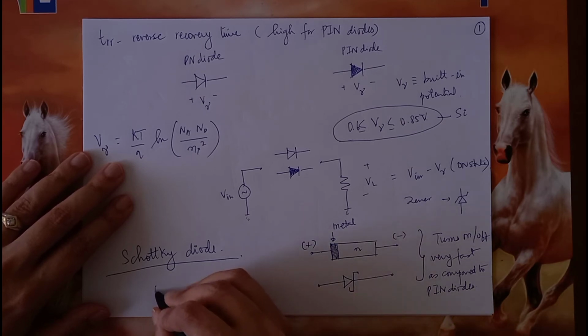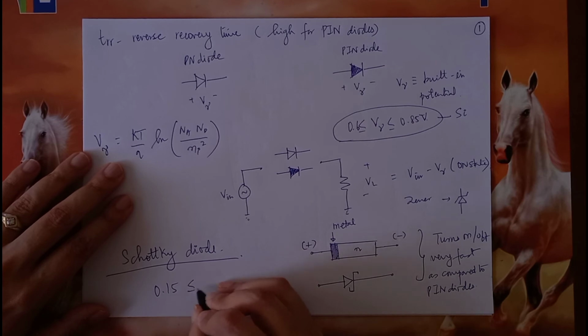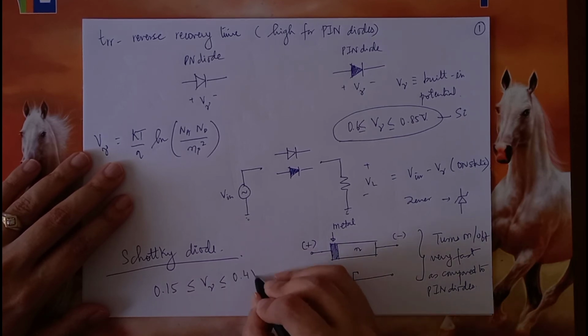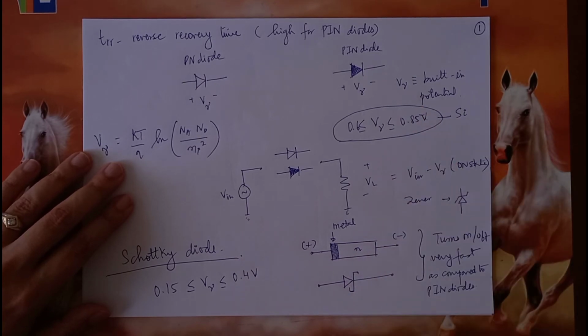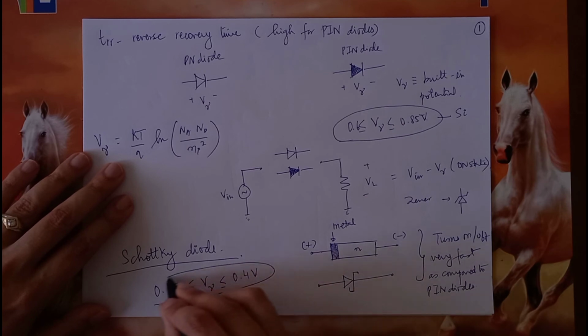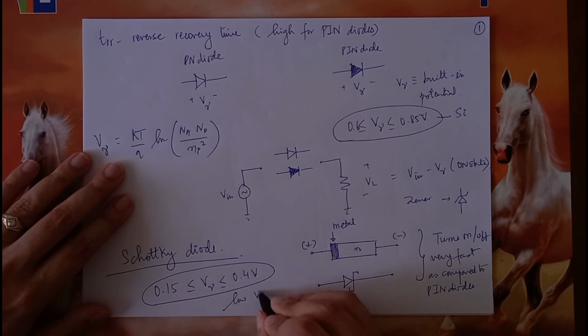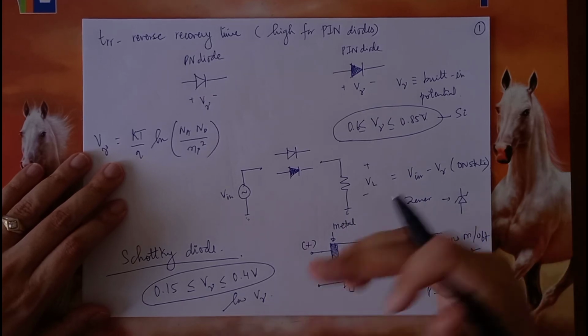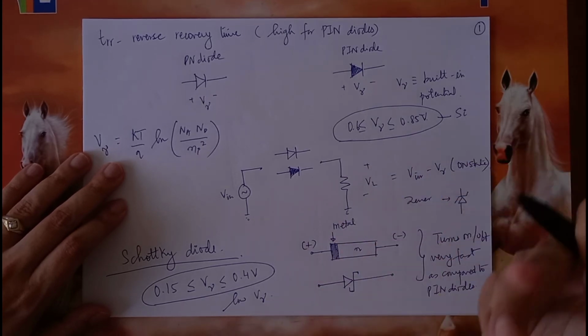So modern day Schottky diodes can give you anywhere from 0.15 to around 0.4 volts, which is much lower as compared to the silicon diode. So this is low V gamma, which is also an advantage because this can then respond to signals of weaker magnitude.